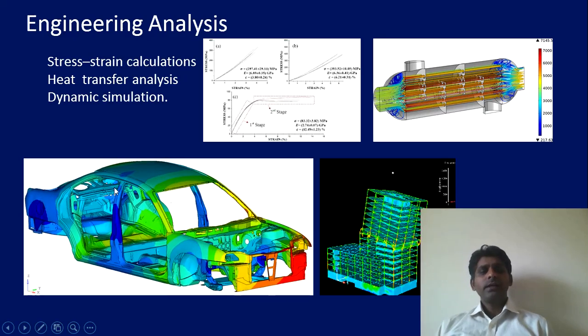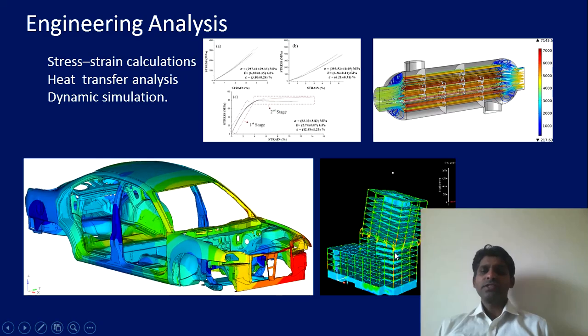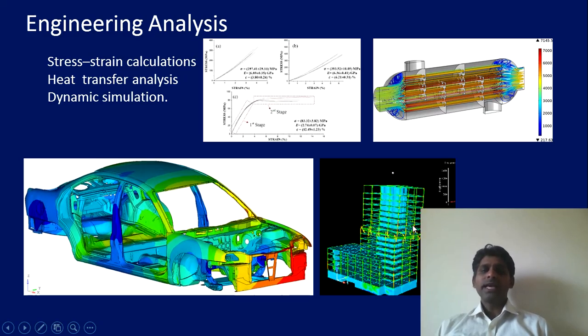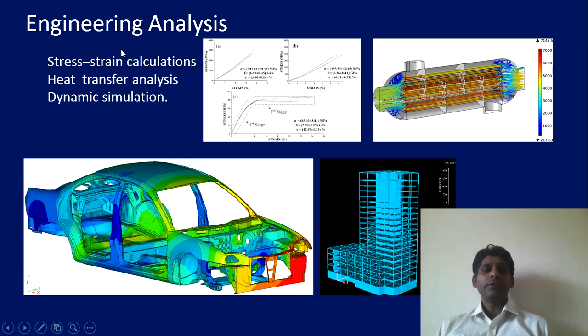Then you can see in this animation that we have a car, and in it a certain structure which is falling down. These can also be analyzed by using analysis software.